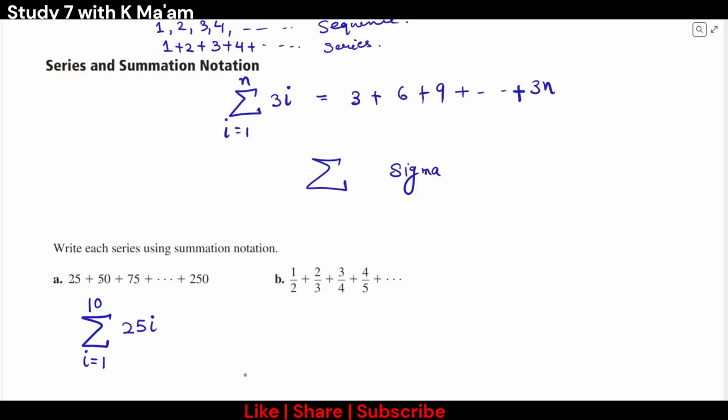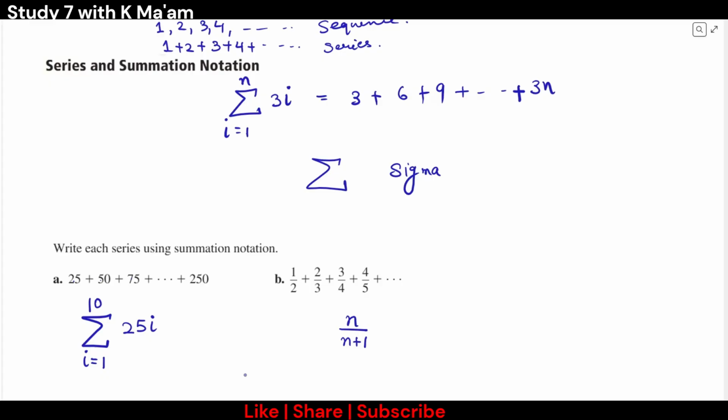25i. Now see the next factor. If it is a 1, the denominator is a 2. If it is a 2, the denominator is the next term. So I can write, if n is at the top, the denominator will be n plus 1. The next term here. What is that?